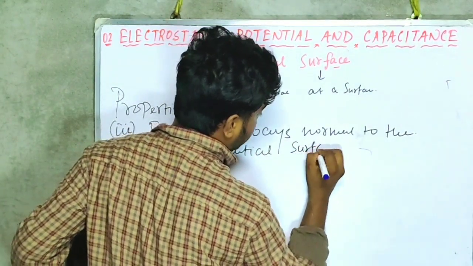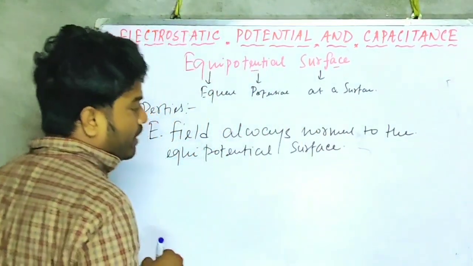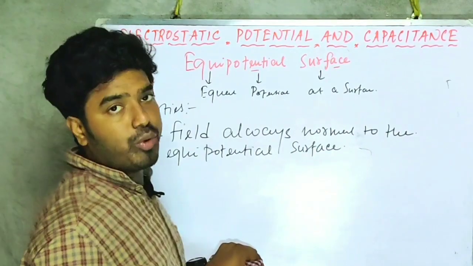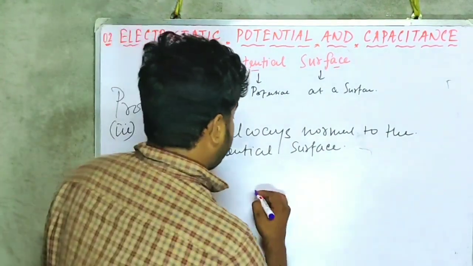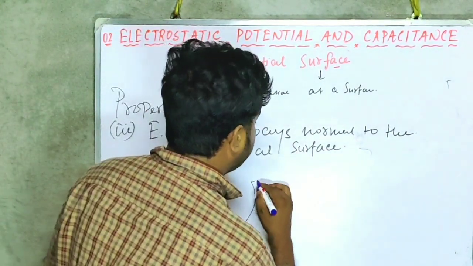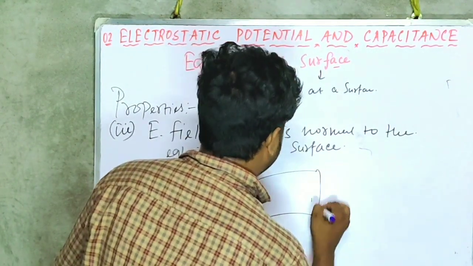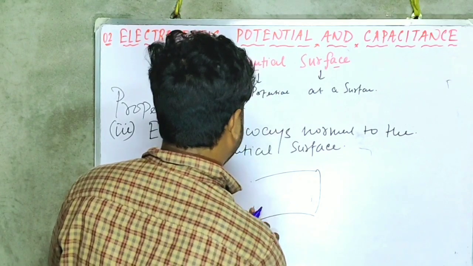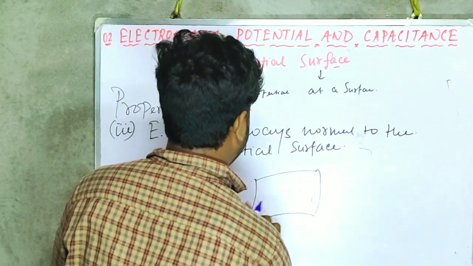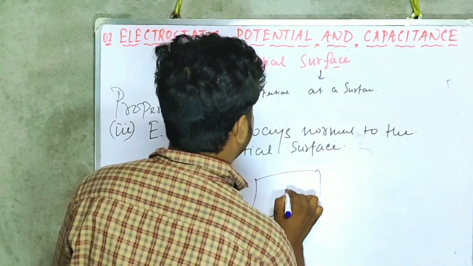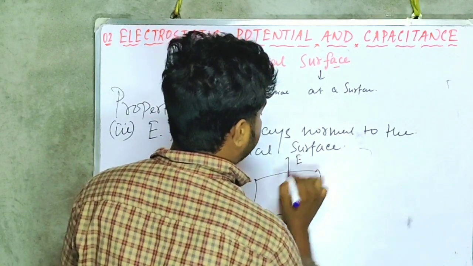Electric field is always normal to the equipotential surface. That means if we consider this is an equipotential surface, the direction of electric field will be normal.